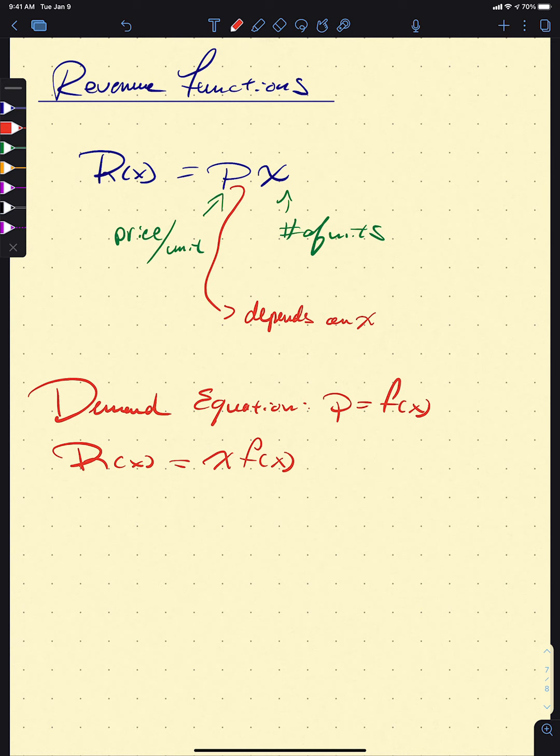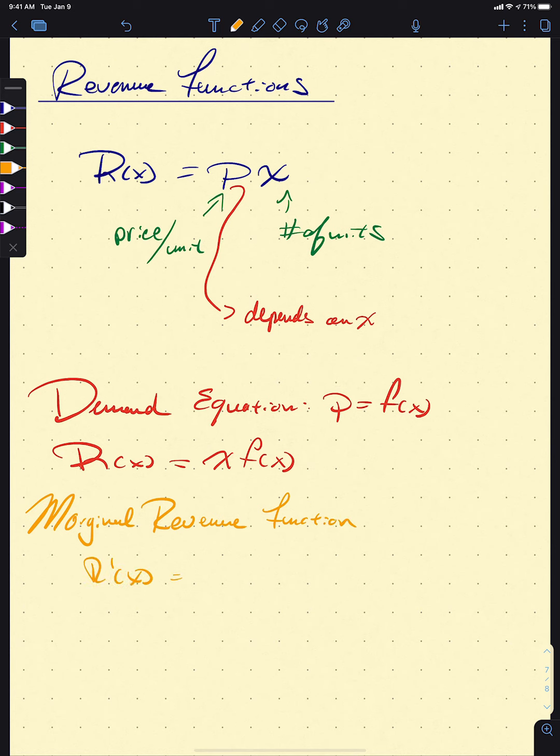However, we can make a similar argument to what we made at the beginning and develop a marginal revenue function, say R prime of X, which is going to approximate, just as the marginal cost function approximated the additional cost of creating one more unit, the additional revenue created by selling one more.